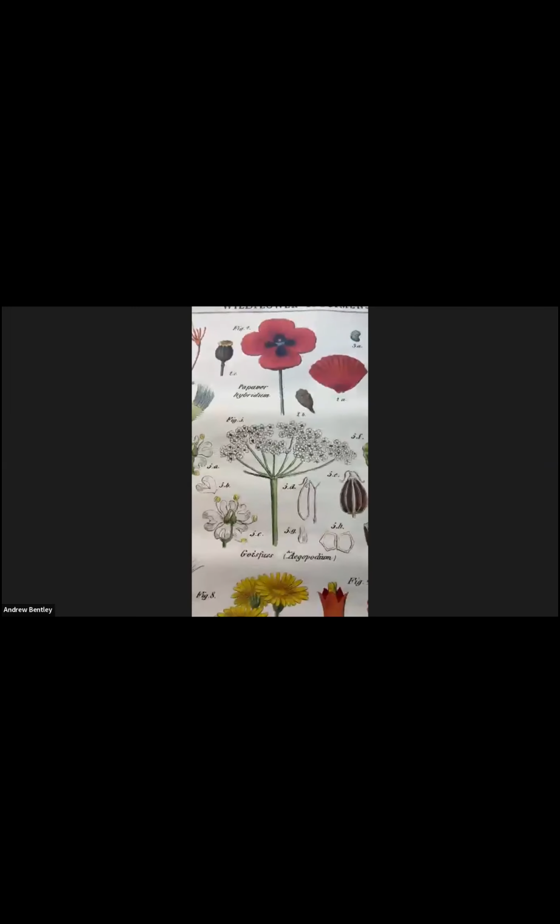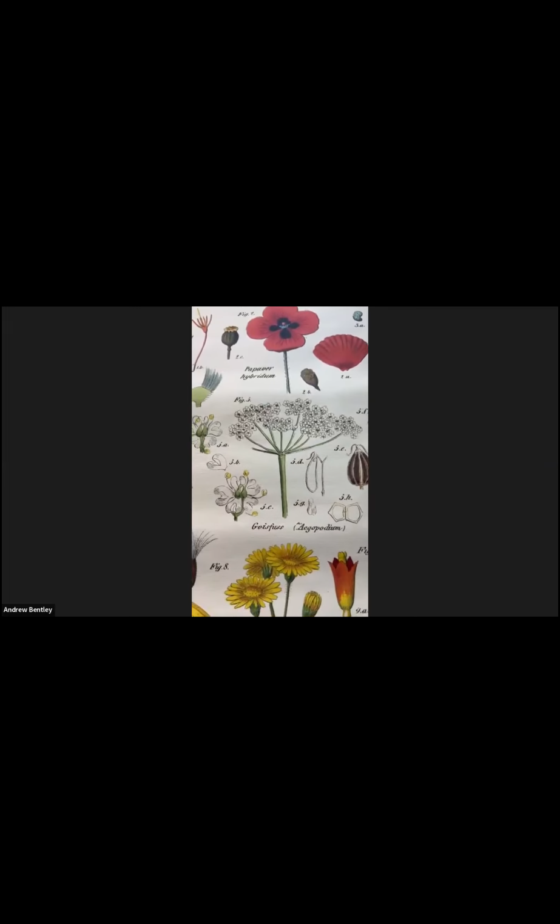This is called an umbel, but each of the little flowers follows the same general setup of having the sepals and the petals, and then the reproductive parts, male outside and then female innermost inside the plant.